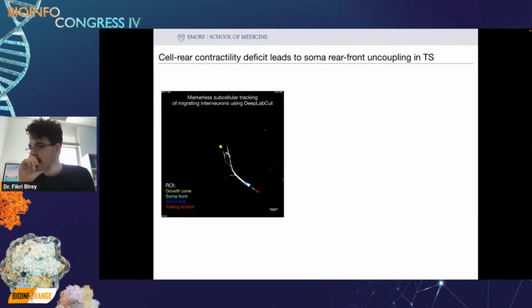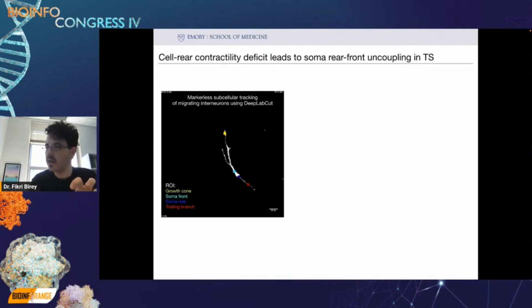Initially, when we were thinking how to go about really understanding what is going on, we thought, okay, one thing we could do is really watch these cells closely, look phenomenologically at the movements and the morphological changes as they were migrating, and be able to track subcellular compartments.